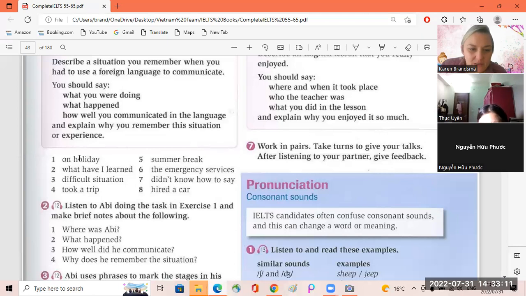Okay, over here. We're using these words over here, 1 to 8. You can tell me 3 sentences, but I want you to have what have I learned in your sentences. You can even say anything, but I want, what have I learned?